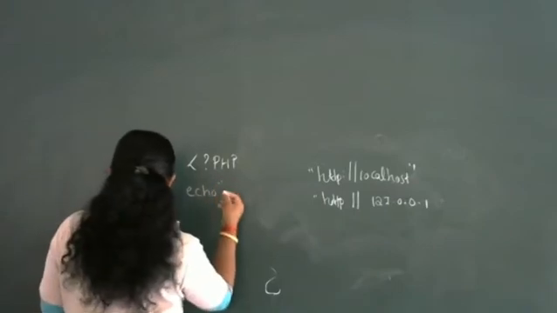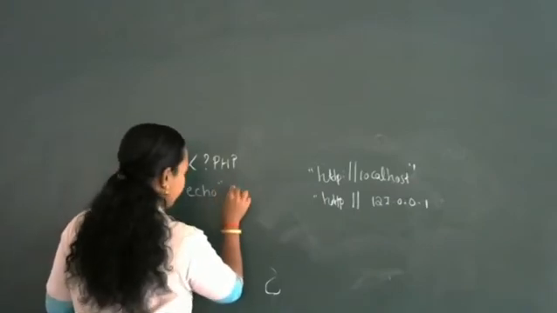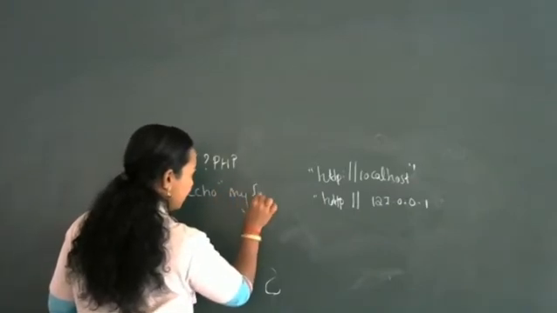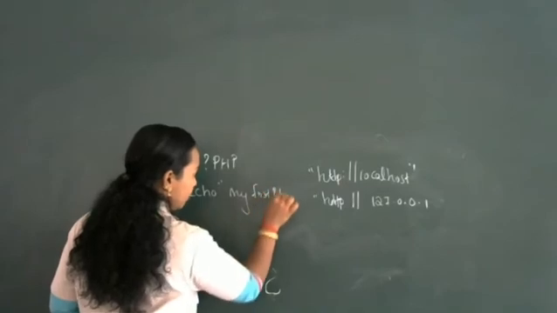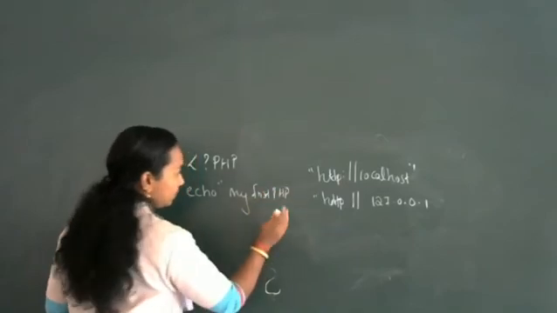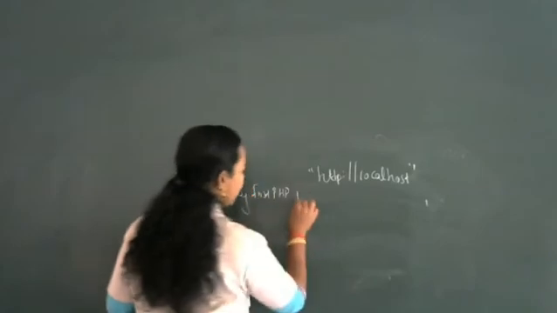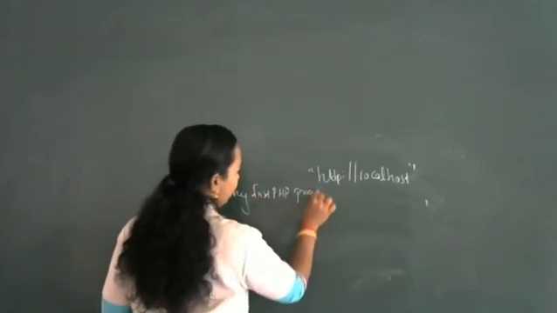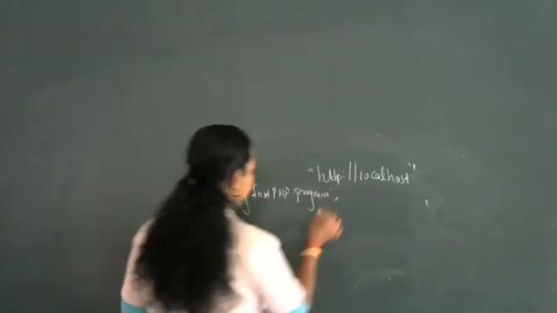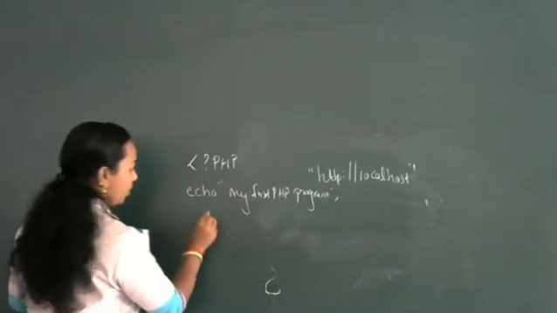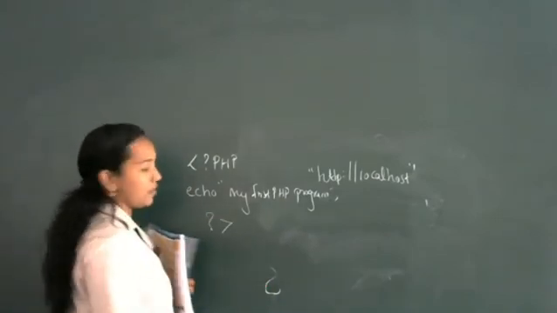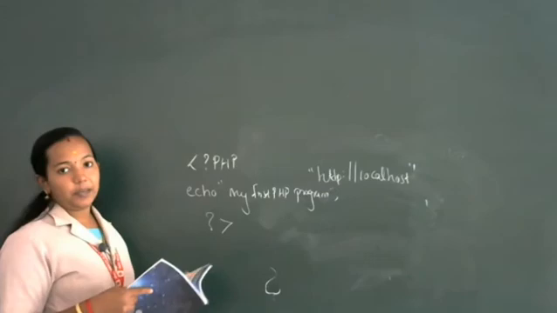Echo "my first PHP program", close the quote, semicolon, then close the question mark and close it. So this is the PHP program.